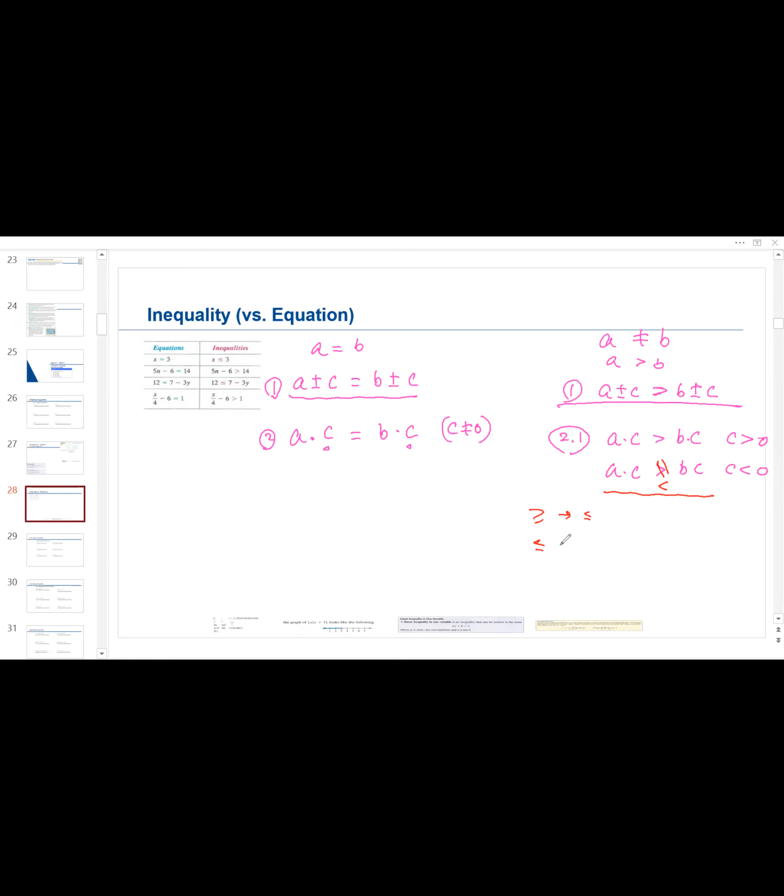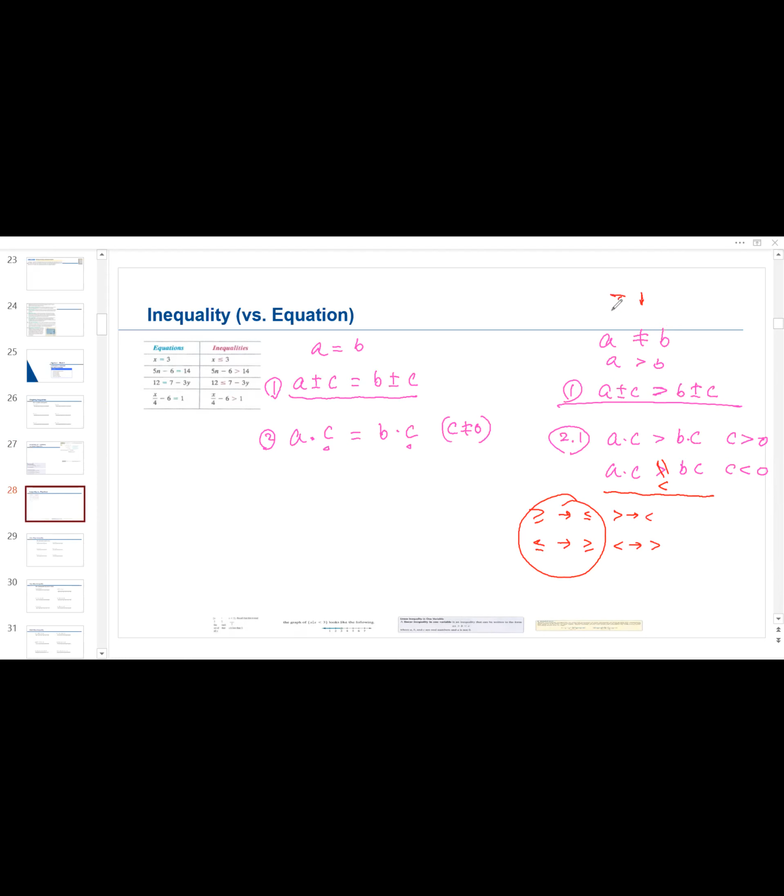When they less than or equal, you need to change to greater or equal, change to their opposite. When they greater, you need to change to less. When they less, you need to change to greater. Right? Just change to their opposite. So that's the basic thing.